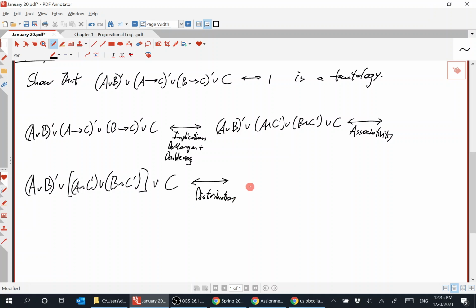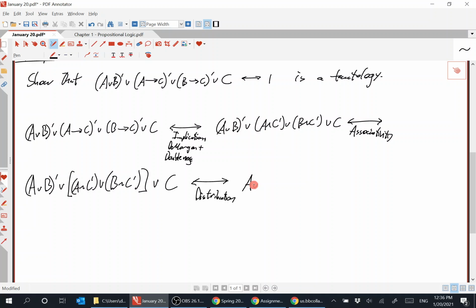Now you might have been thinking, I want to distribute this C, this disjunction over that conjunction. That's fine. You can do it that way. I just feel like doing it this way. So I'm using distribution in reverse. We want to factor out the C naught.